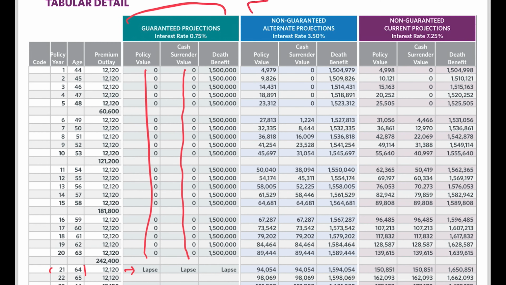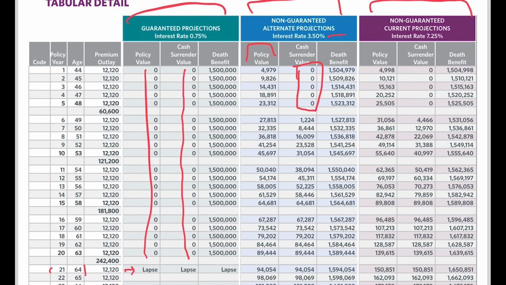Then you have the non-guaranteed rate, assuming the market does 3.5% every single year. Here you can see there is some policy value building up. It takes a while to have some cash surrender value, and eventually, I'm not sure, we'll look to see if it lapses, but I'm going to focus here because this is where you spoke to your agent and this is what they showed you.